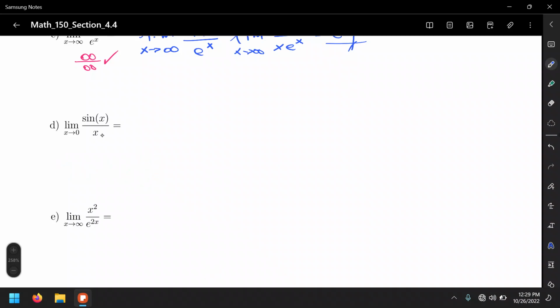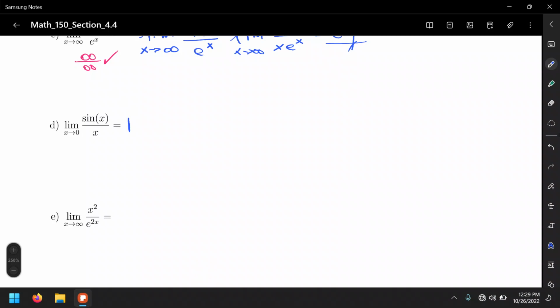And what was that special limit equal to? Does anybody remember this special limit? One. All right, this special limit was equal to 1.